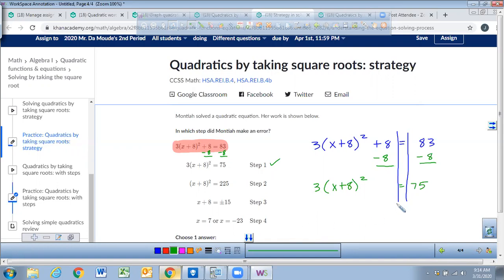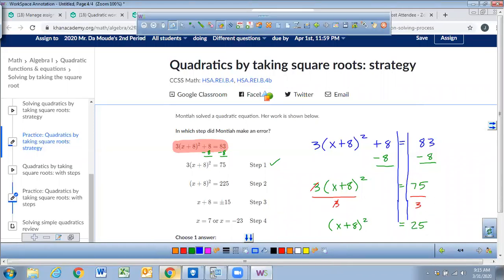Next step, to get rid of this pesky 3 right here, we have to divide both sides by 3. When you divide both sides by 3, these will cancel out, and you're left with x plus 8 squared equals, now 75 divided by 3, 25.